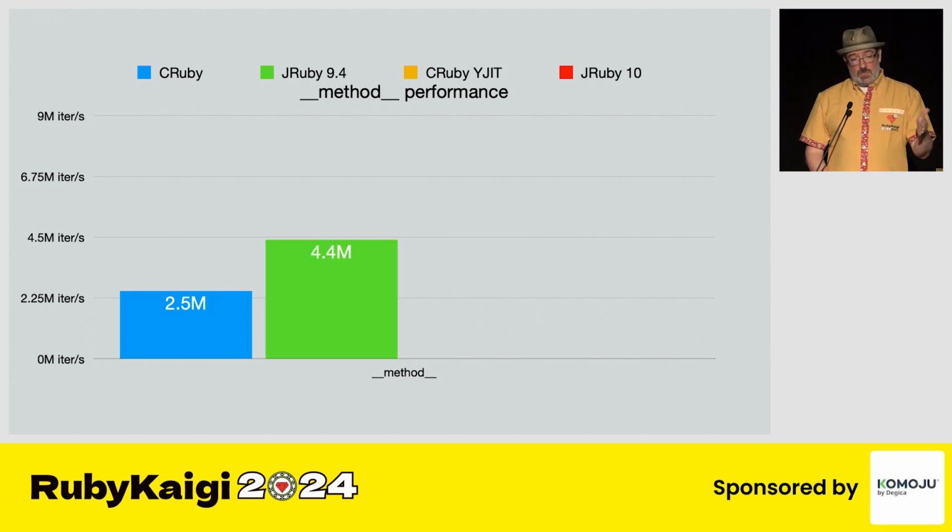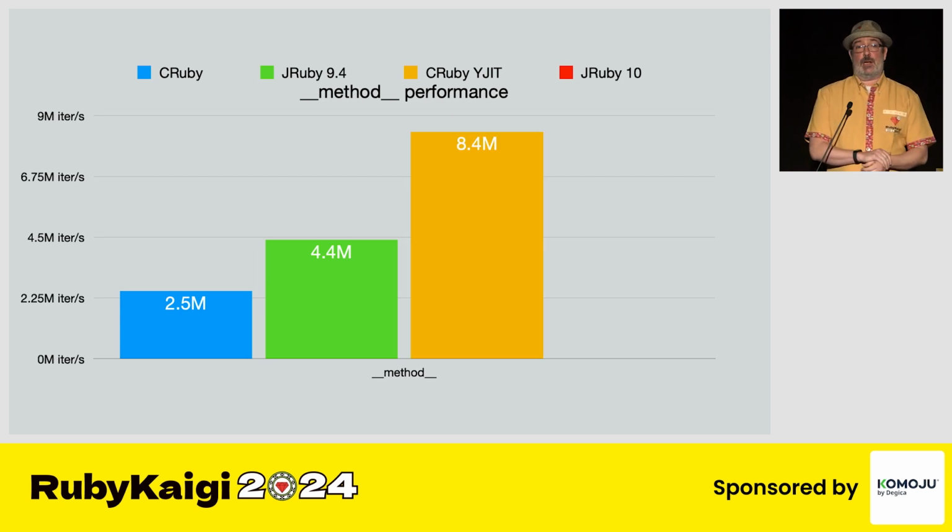JRuby by default still is a little bit better than JRuby, even though there's a lot of overhead. YJIT is doing pretty good here. This should be basically free. This should be very inexpensive to find out what the caller's method was. The YJIT optimizations are making this quite a bit cheaper for them.